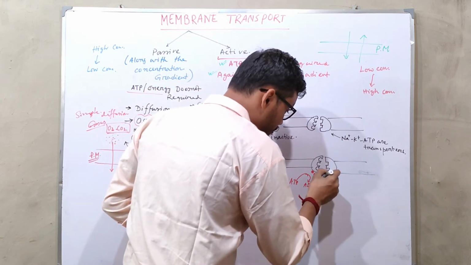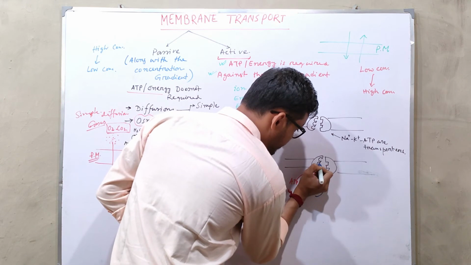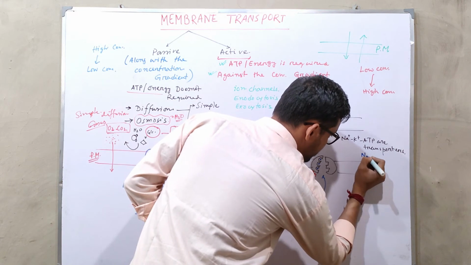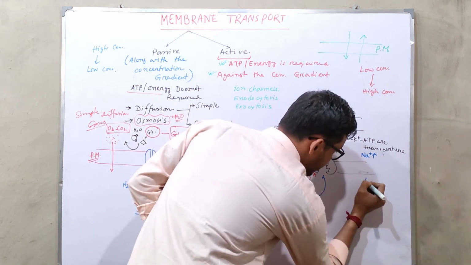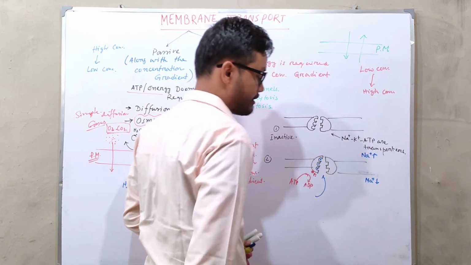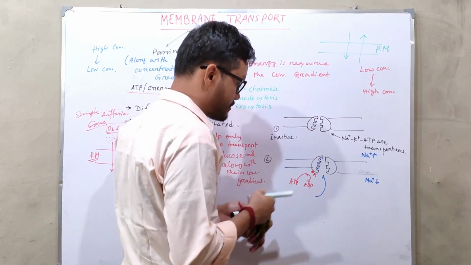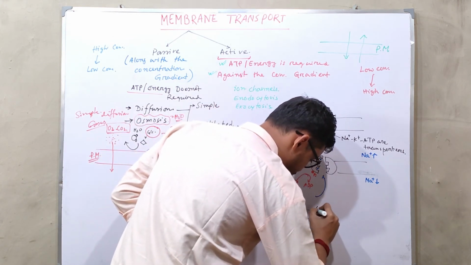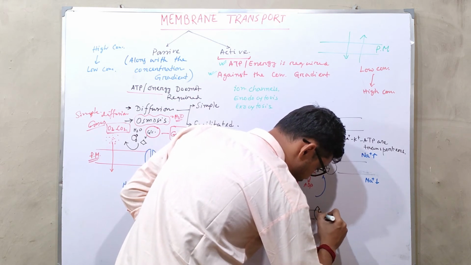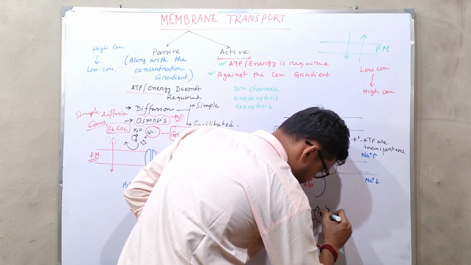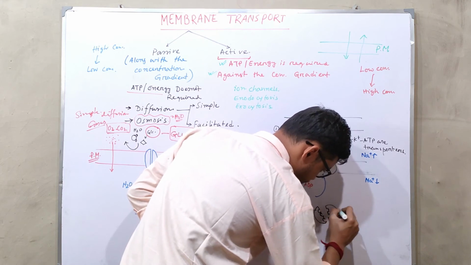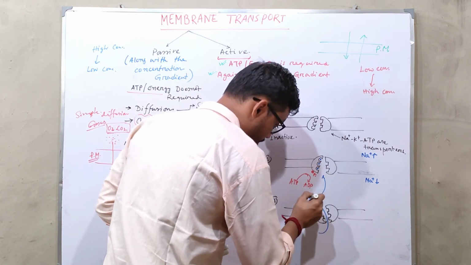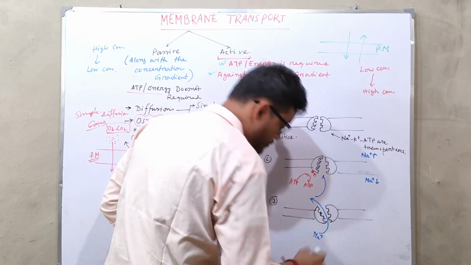Sodiums attach to the channel protein, because sodium concentration is higher outside and lower inside. The channel flips to the outside, and the sodiums come out.